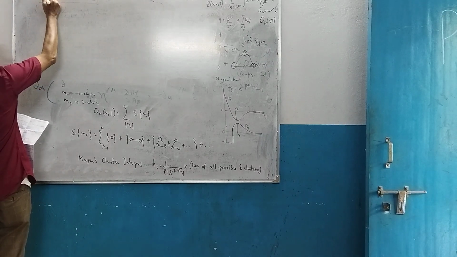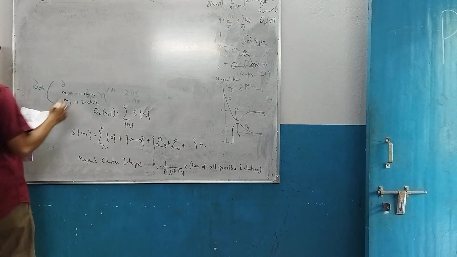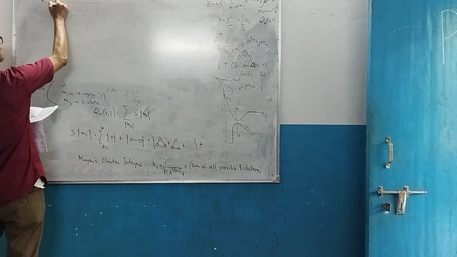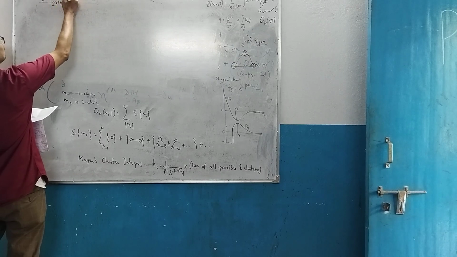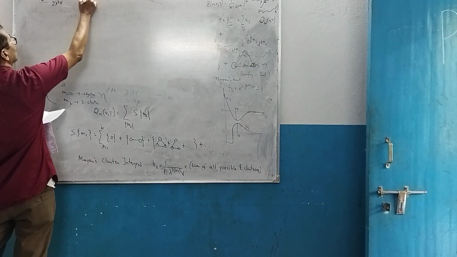Then if I talk about B2, what would be B2? Now if you draw in terms of the picture, then it would be 1 by twice lambda cube V, and this is the picture, the two particle graph.